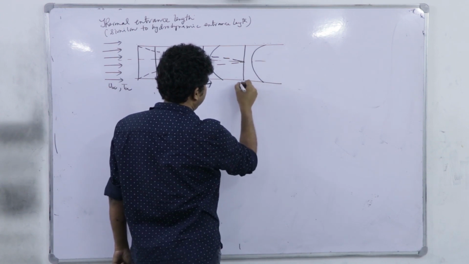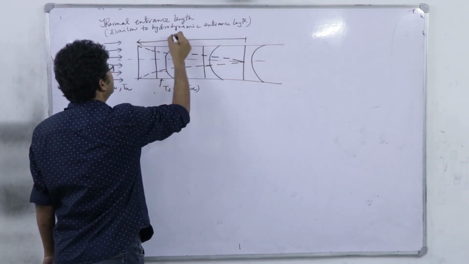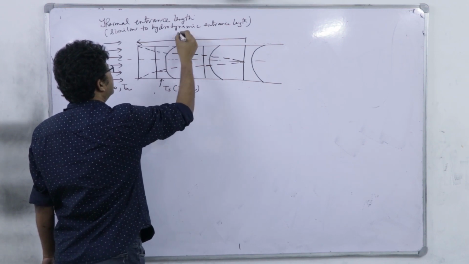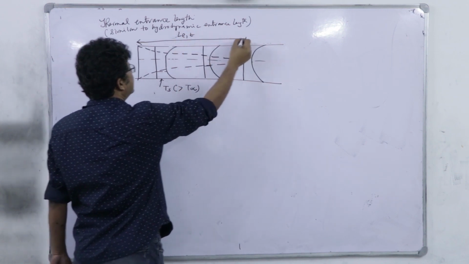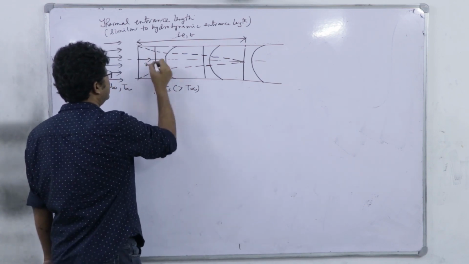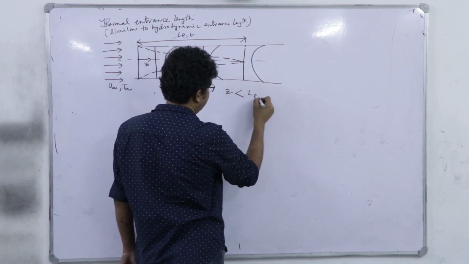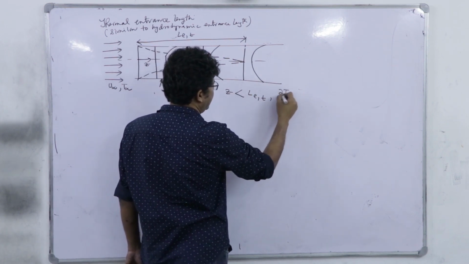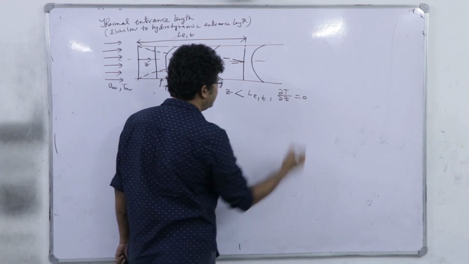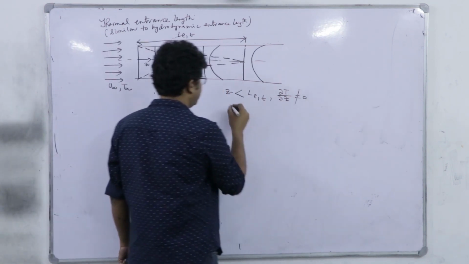and beyond that, if this length is LET, and this is the Z direction. So, for Z less than LET, we have a developing thermal profile, del T del Z is not equal to 0.